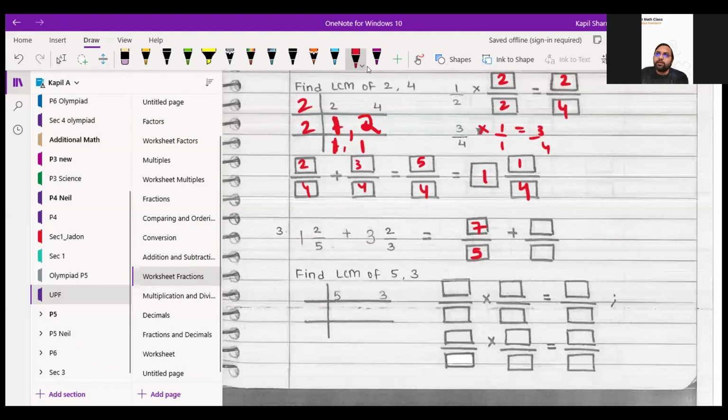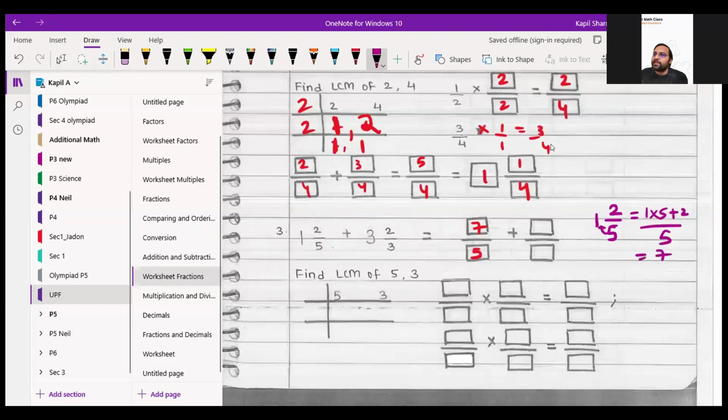Parth, this was discussed in the first session on fractions. So let's say you have 1 and 2 upon 5. I'm going to quickly discuss it again. So just multiply 1 and 5 and add 2 upon 5.